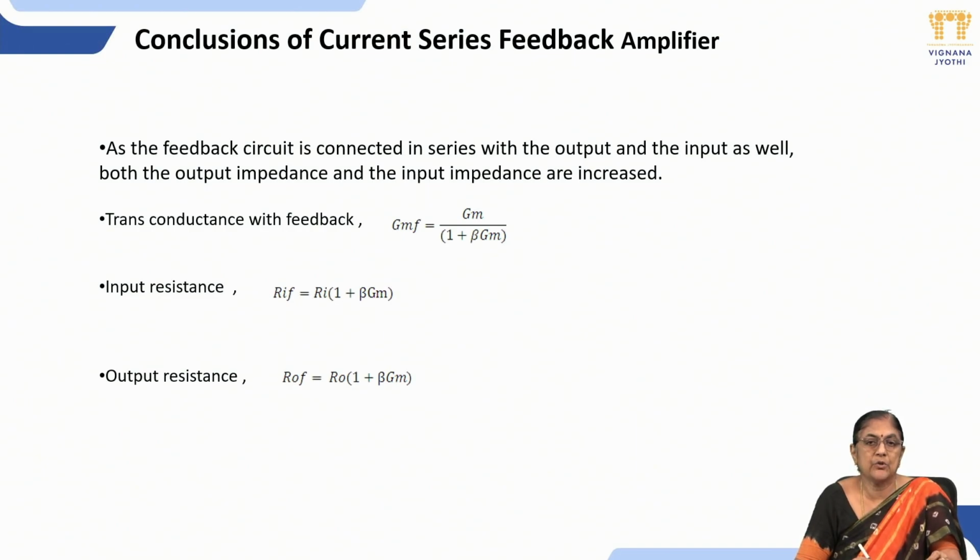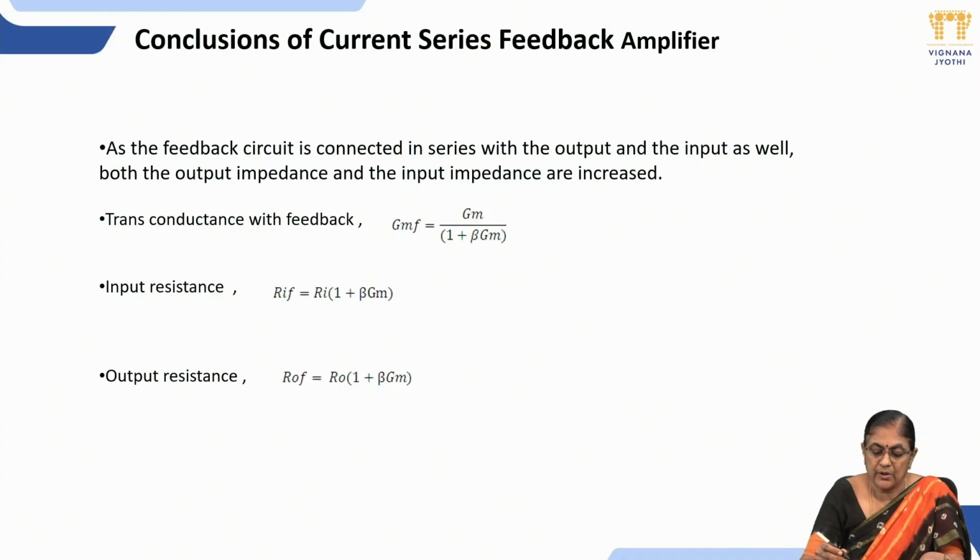Type of mixer used in this amplifier is a series mixer, and output terminals of the feedback network is connected in series to input terminals of the basic amplifier. So therefore, transconductance with feedback Gmf is equals to Gm by 1 plus beta Gm.